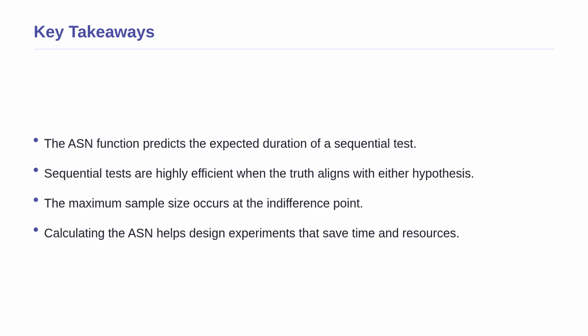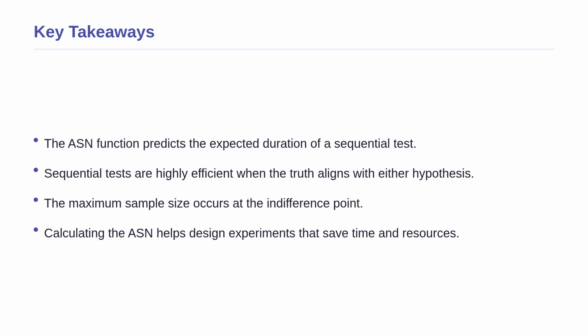We have covered a lot of ground today, so let us review the key takeaways. First, the average sample number function is a powerful mathematical tool that predicts how long a sequential test will take based on the true state of the world. Second, we saw that sequential tests are incredibly efficient, requiring very small sample sizes when the truth strongly aligns with either the null or alternative hypothesis.